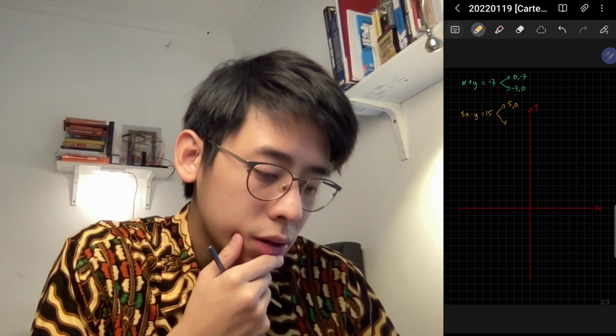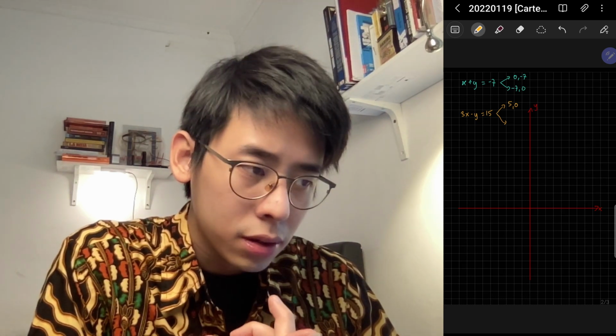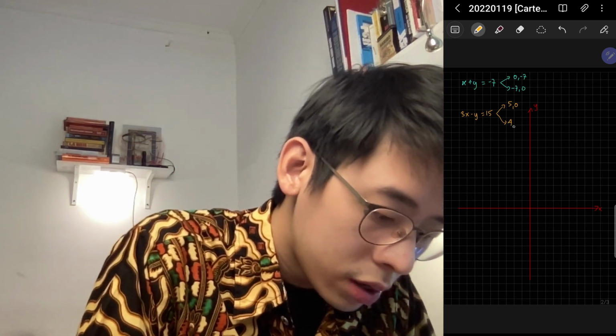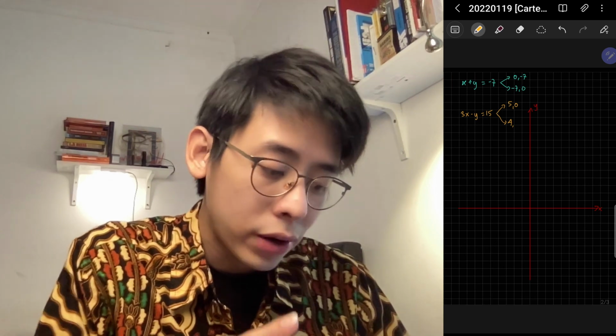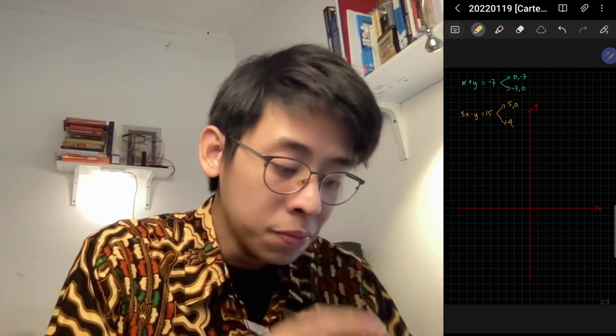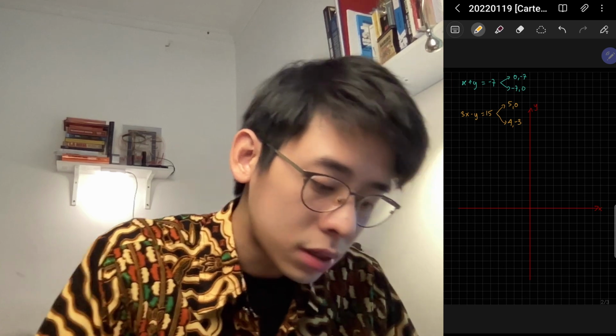If x is 4, then y is 4 times 3, 12, right? So 12 moved to the right becomes minus. So 15 minus 12 is 3, and then minus y equals 3, so y equals minus 3.